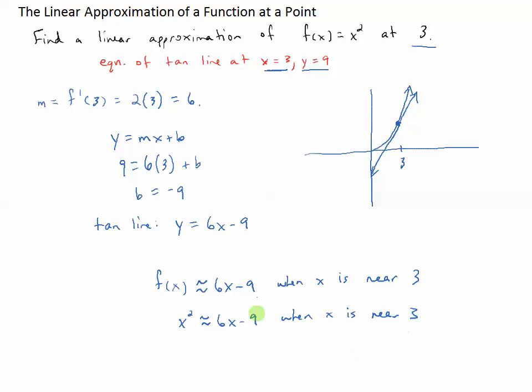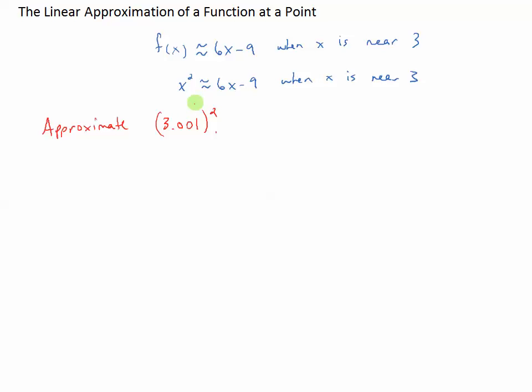So if we use that reasoning, now let's answer another question with this. Now we know that the x squared function can be approximated by the 6x minus 9 function when x is near 3. So if I want to approximate 3.001 squared, that would be like our x value, right? x squared.